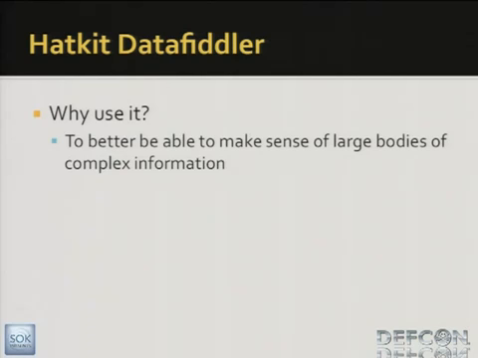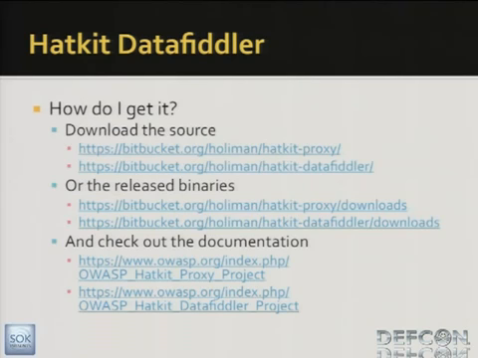So why would you use it? Well, to better be able to make sense of large bodies of complex information and get all the information you want out of your body of data. You can download the source from Bitbucket. You can download the released binaries from Bitbucket. There is documentation on the OWASP website.